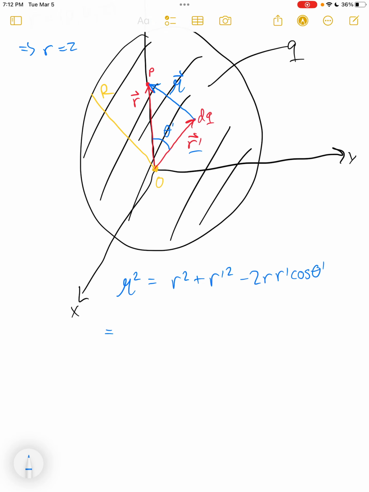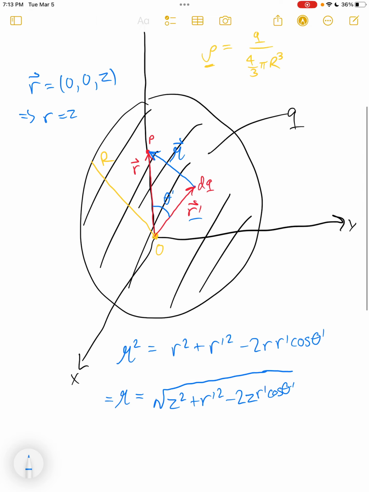So we can write script R magnitude as the square root of z squared plus r prime squared minus 2z r prime cosine theta prime. Nice. Cool.